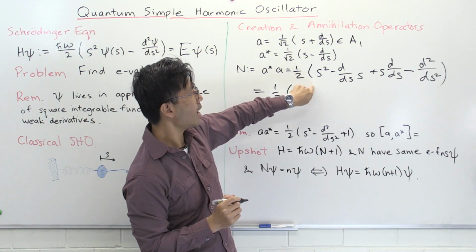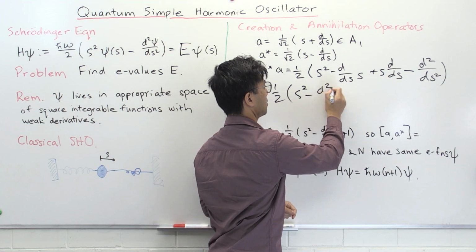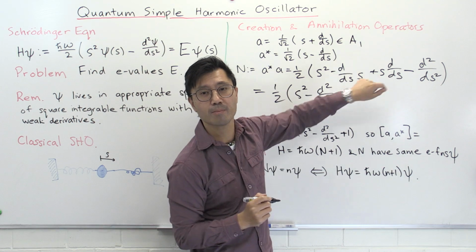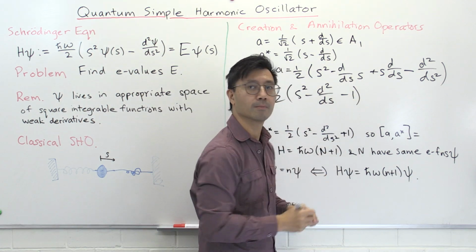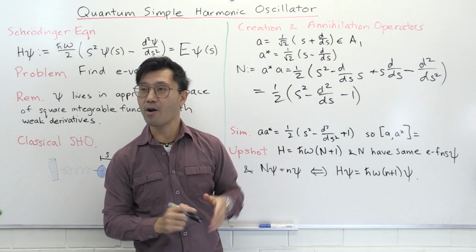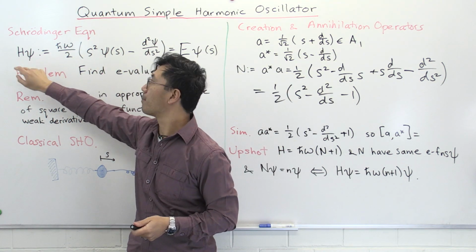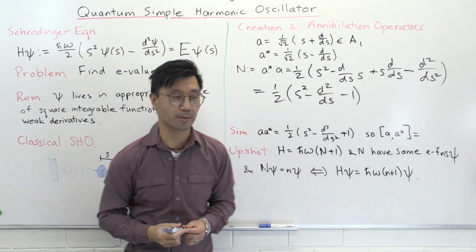So we'll get s squared minus d squared by ds squared, and then these two, when you combine them, will simplify to just minus 1. So we get very close to this operator here, or at least the inside: s squared minus d squared by ds squared.